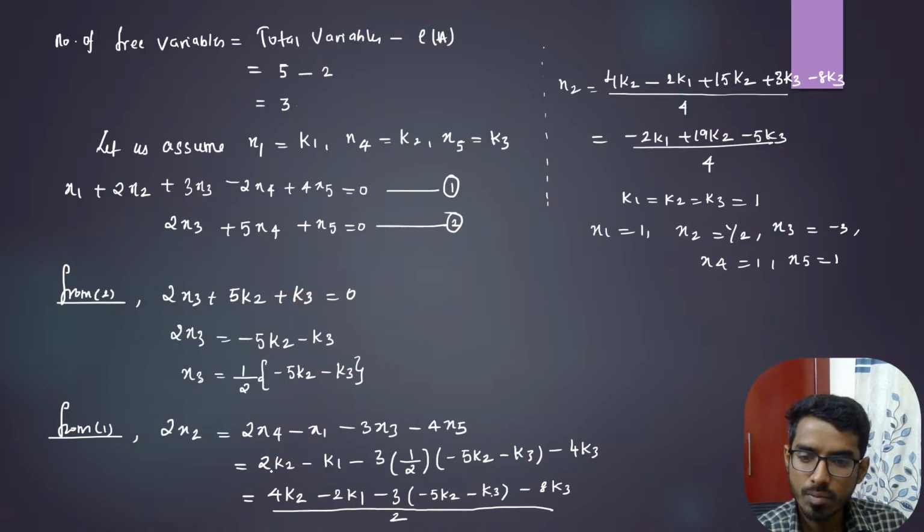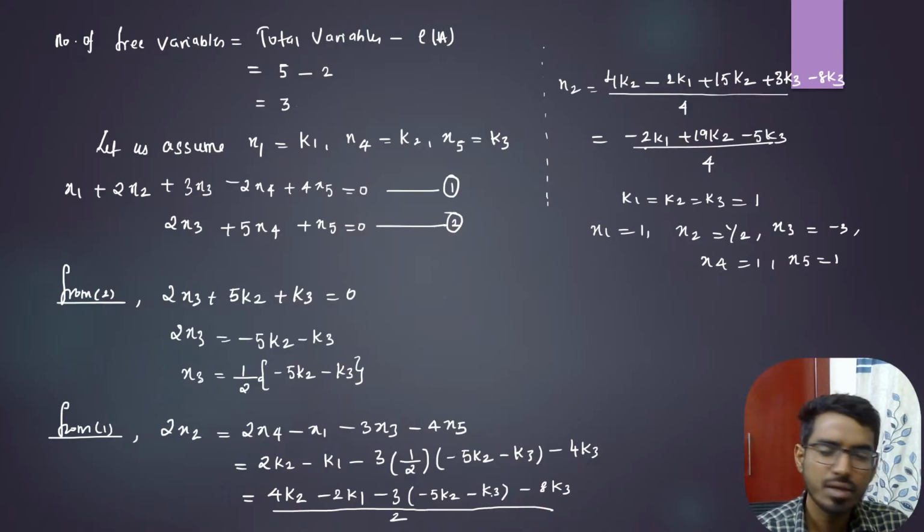If I take LCM, this will be 4k2 minus 2k1 minus 3 times minus 5k2 minus k3, and this will be 8 times k3, whole divided by 4. So 4k2 minus 2k1 plus 15k2 plus 3k3 minus 8k3. So minus 2k1, if I collect k2, we will have 19k2. If I collect k3, we will have minus 5k3, whole divided by 4.